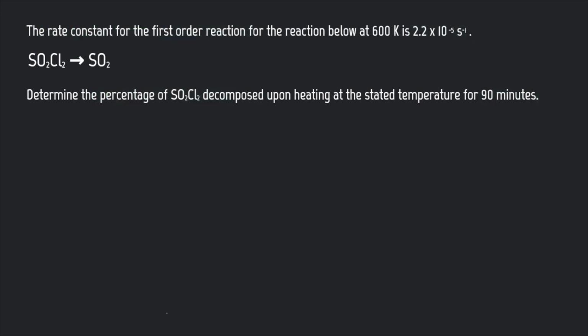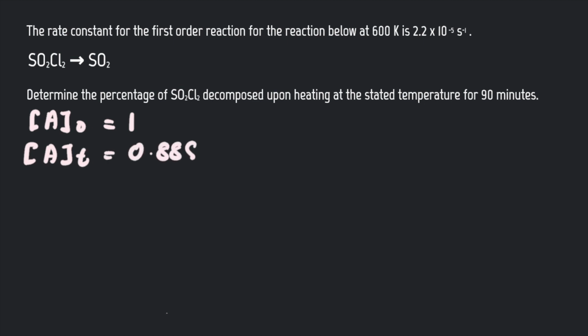Alright, so what we can do now is, because we assume that your A naught is equivalent to 1, which is 100%, and your At is 0.8888, just like the calculation that we did just now.